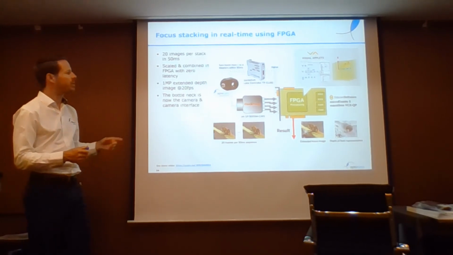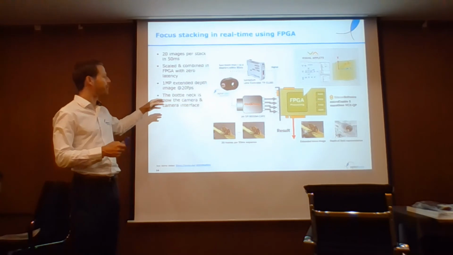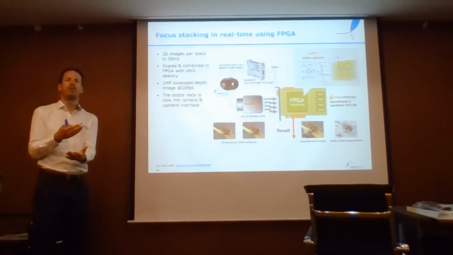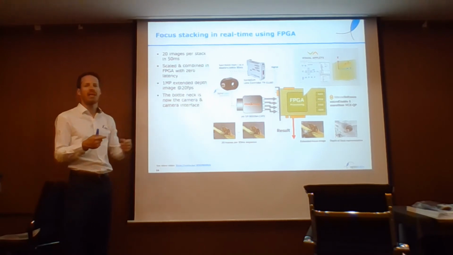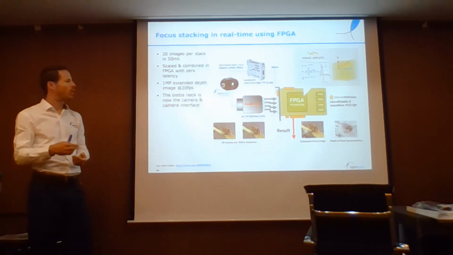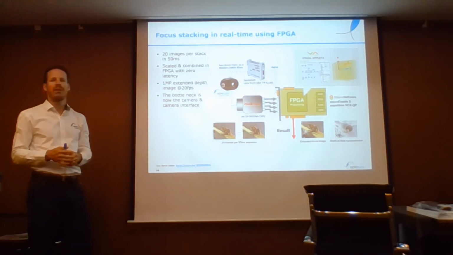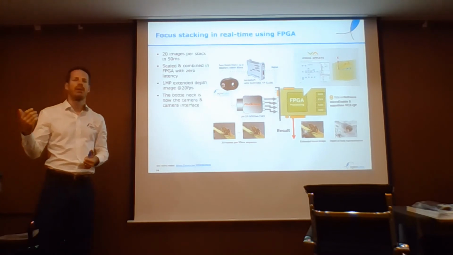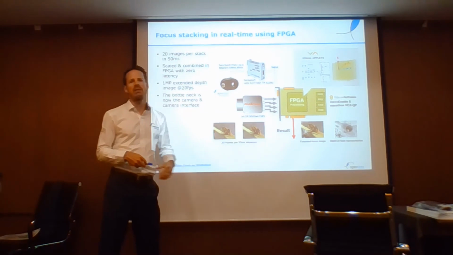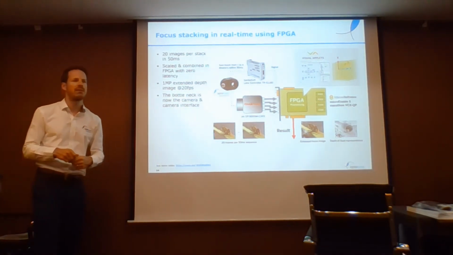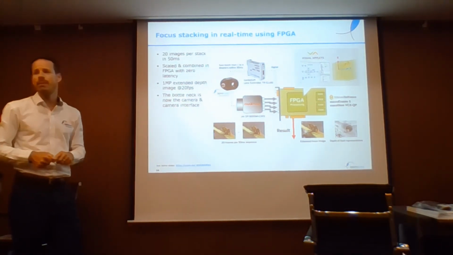So basically what you get is an all-in-focus picture output at 20 frames per second, which can go over gigabit Ethernet to the computer. So the frame grabber pre-computes all the stacking before it goes into the next system, and that can be pretty fast.